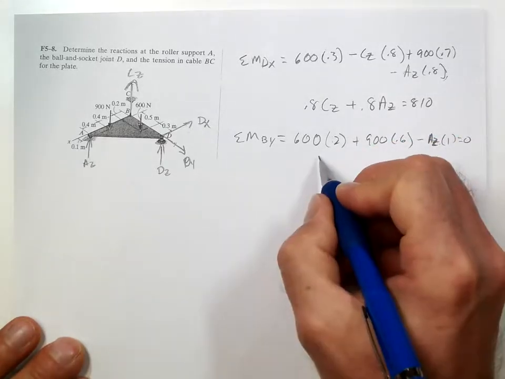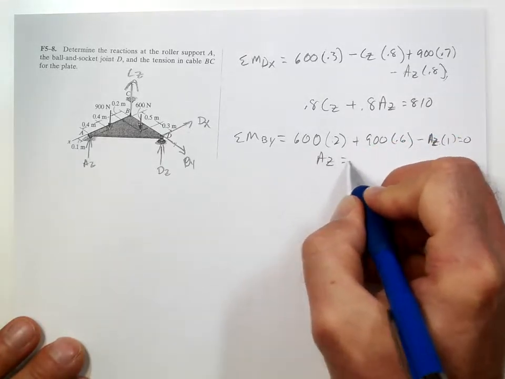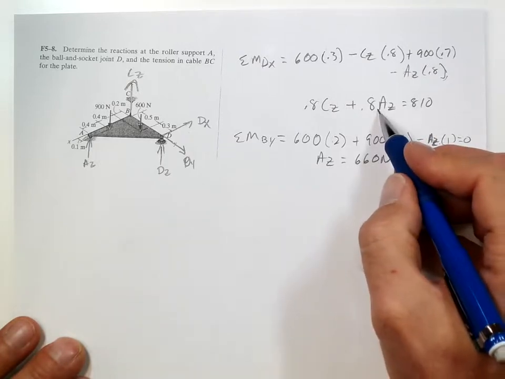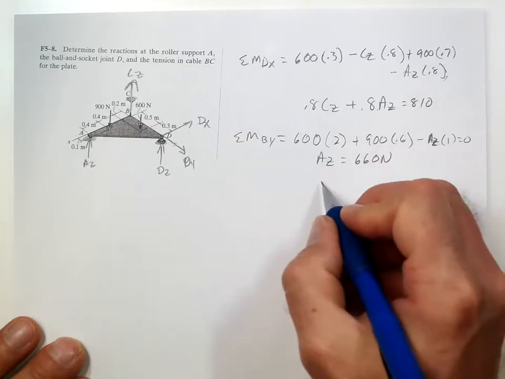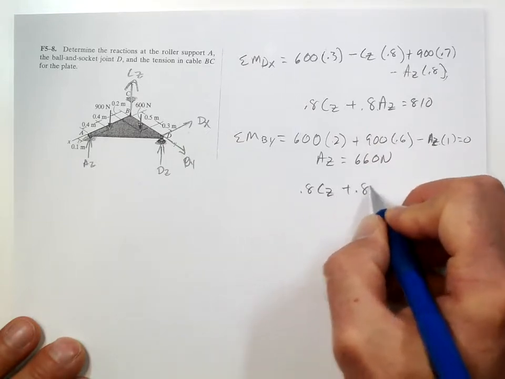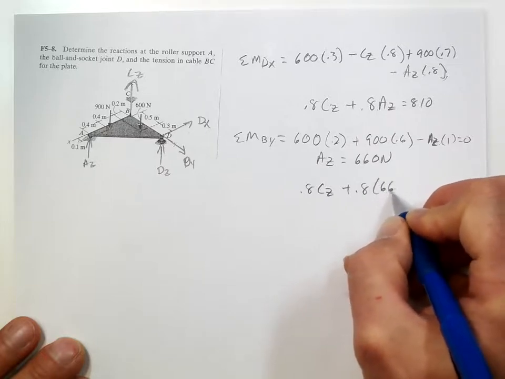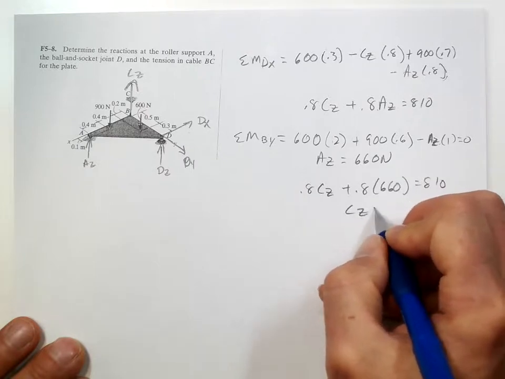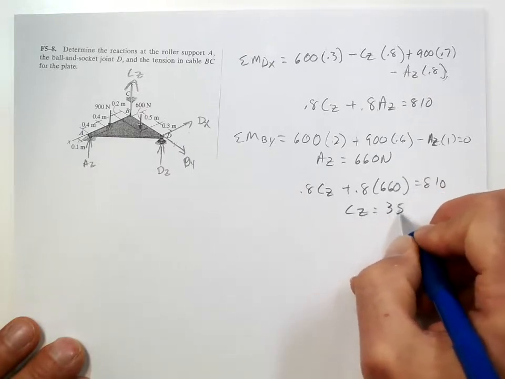So solving that directly for AZ, we get 660 newtons. Putting it into there, we get 0.8 CZ plus 0.8 times 660 equals 810, and CZ is equal to 353.